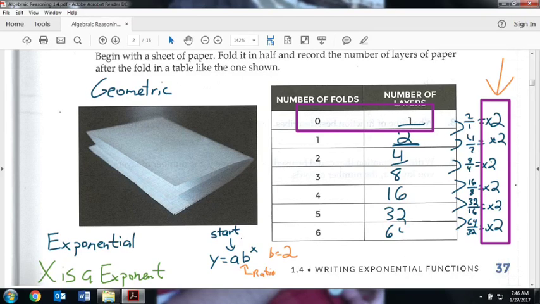So the way we'd write this equation would be y equals, we don't have to write 1 because 1 times anything doesn't change anything, 2 to the x. That would be the equation for this one right here.